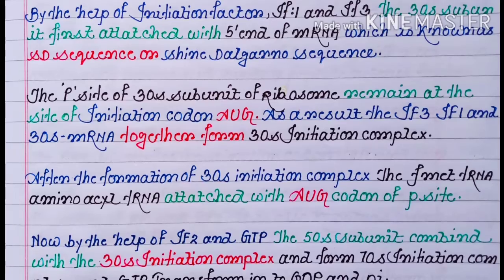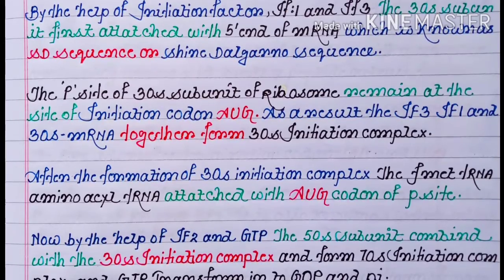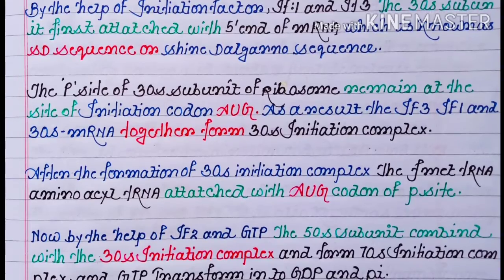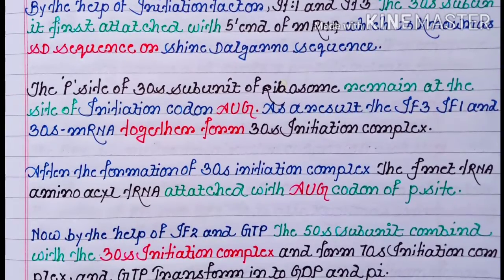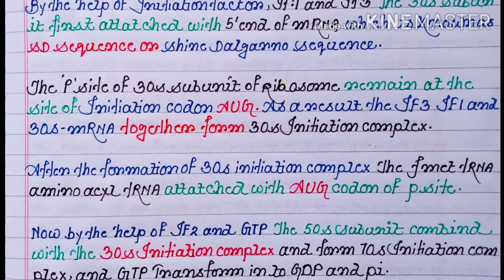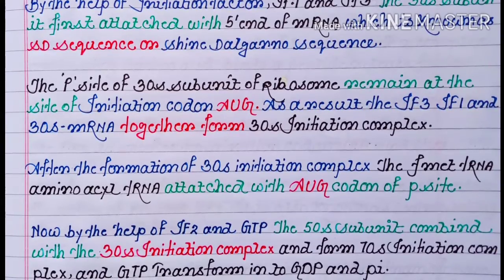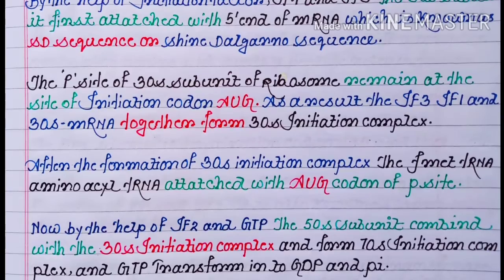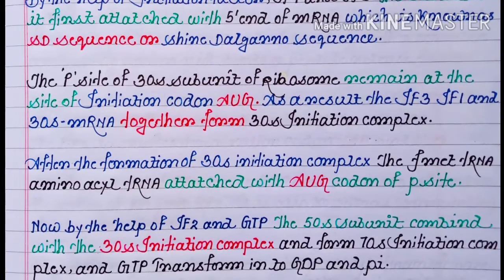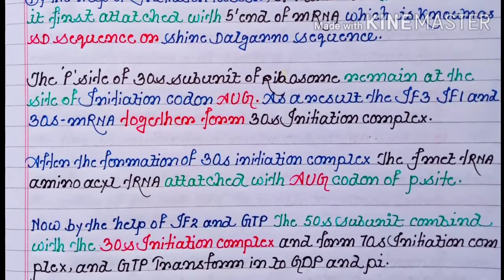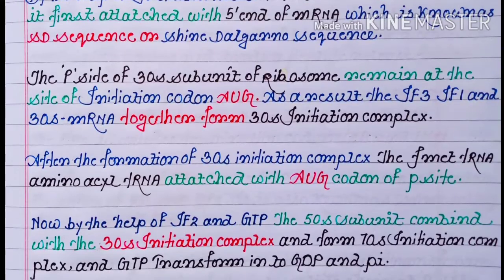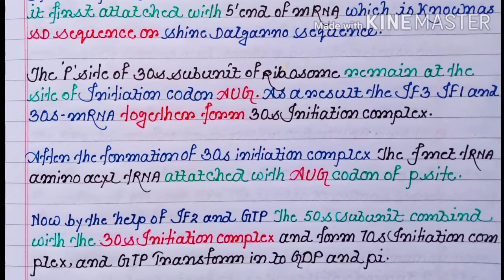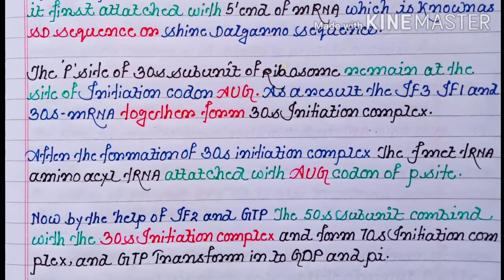Now, with the help of initiation factor 2 and GTP, the 50S subunit comes and combines with the 30S initiation complex and forms the 70S initiation complex, and here GTP is converted into GDP and inorganic phosphate.